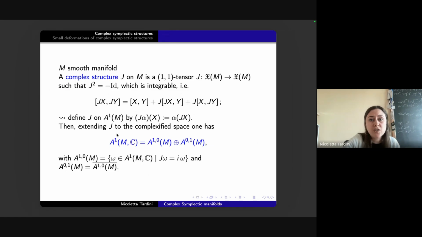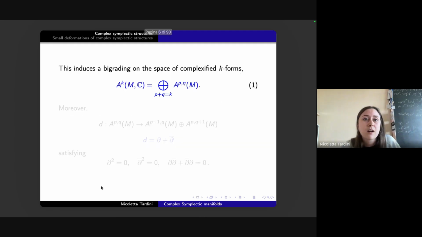And if you extend J to the complexified space, what you have is a decomposition of the space of complex valued one forms on M into two spaces, the space of (1,0) forms and the space of (0,1) forms, where here J is acting as multiplication by i, and here J is acting as multiplication by minus i, okay? So we have this decomposition that then can be induced in any degree this way.